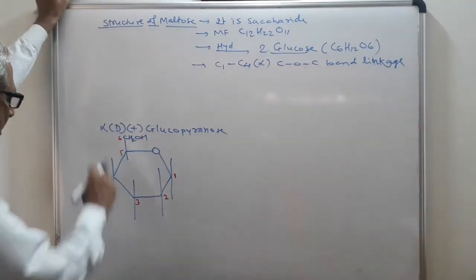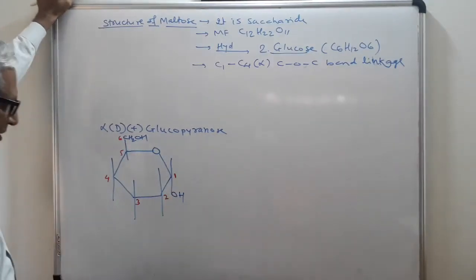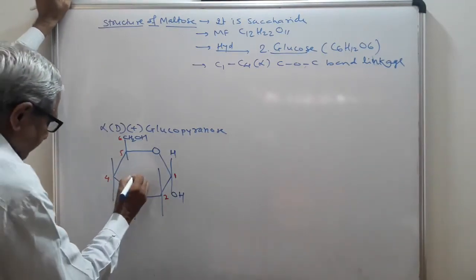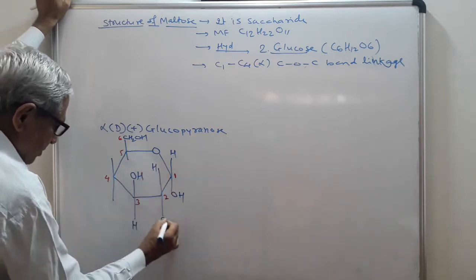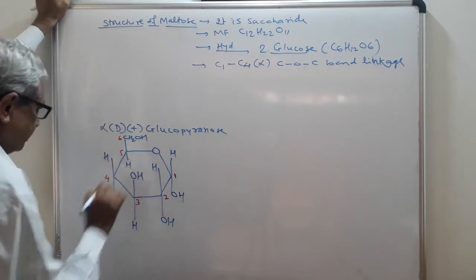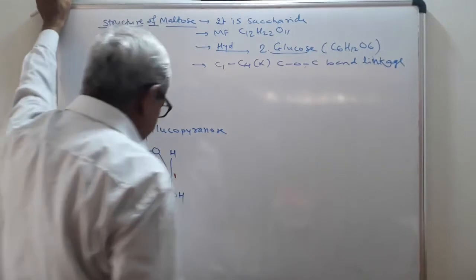Now we want alpha, therefore the OH group must be below here. Therefore hydrogen must be here. Then inside, the carbon number 3 OH group is here, therefore hydrogen must be here. Hydrogen, OH, OH, H, H. So this is one structure. Also draw the second structure of alpha D glucopyranose.